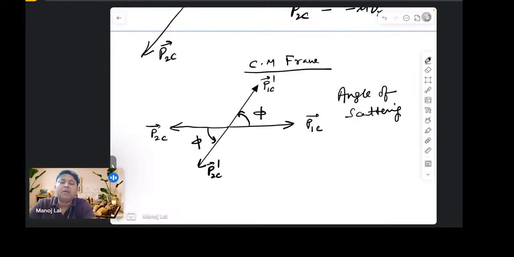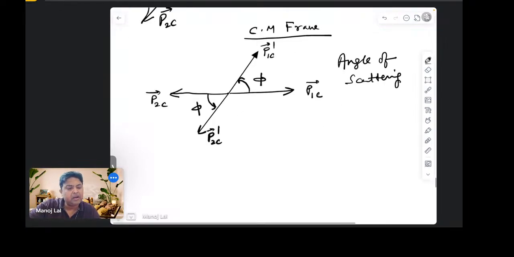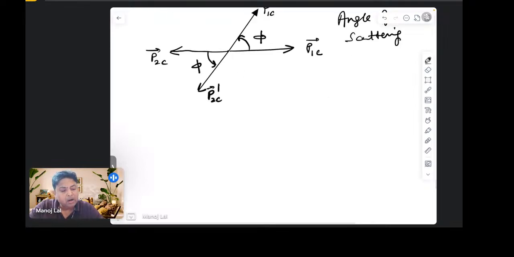this is the nature of collision. It depends on the mass of the particles. Let's see, if I take carefully, this is V1 dash C. This is V1C, V1C dash, this is VC, right?